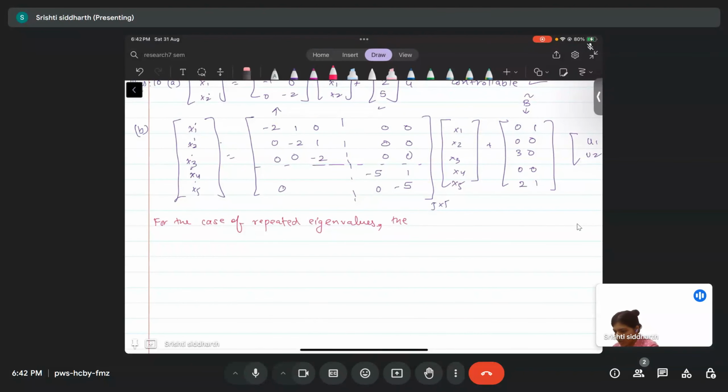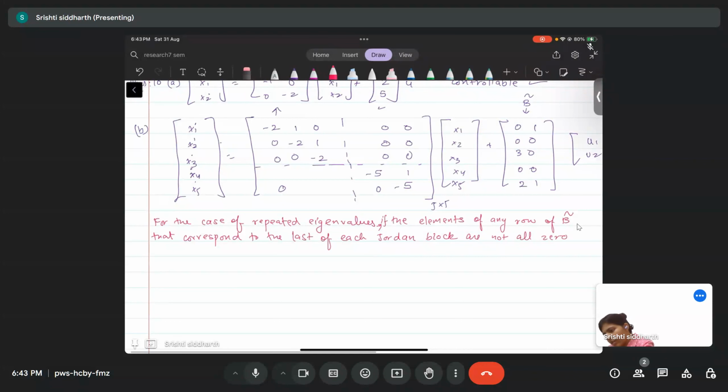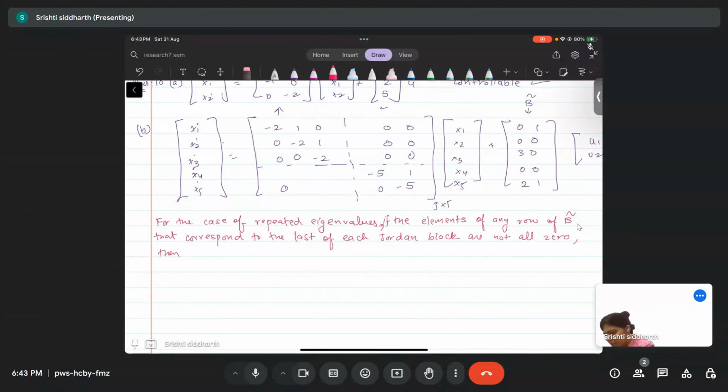So the elements of any row of B tilde that correspond to the last row of each Jordan block are not all zero. Then the pair AB is controllable.